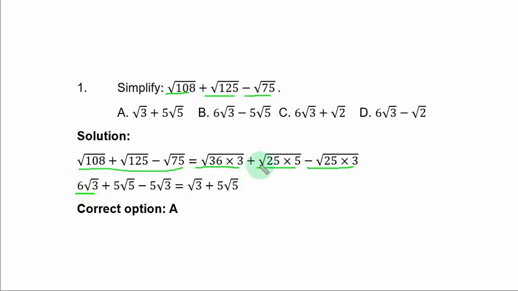Root of 25 is 5, so you have 5 root 5 minus 5 root 3. You can only add or subtract similar surds. So you have 6 root 3 minus 5 root 3, which is simply root 3, plus 5 root 5. You cannot add different surds together. So A is the correct option.